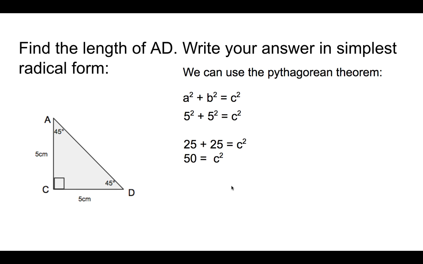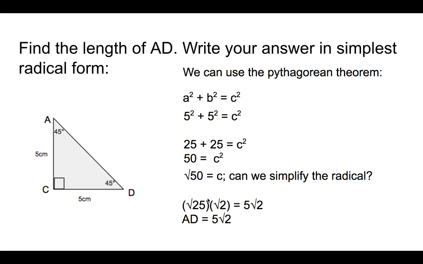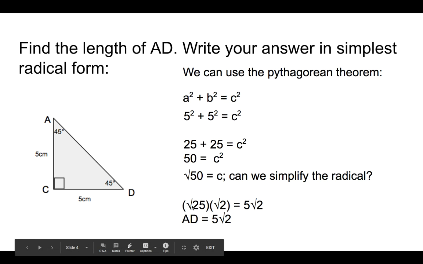I need to isolate c, so I'm going to take the square root of both sides, and I get the square root of 50. But remember, I asked you to write it in simplest radical form. So that means what I need to do is rewrite this as factors, and I can factor this to be 25 and 2. The square root of 25 is 5, and the square root of 2 is just square root 2. So that means the length of AD is 5 square root 2.